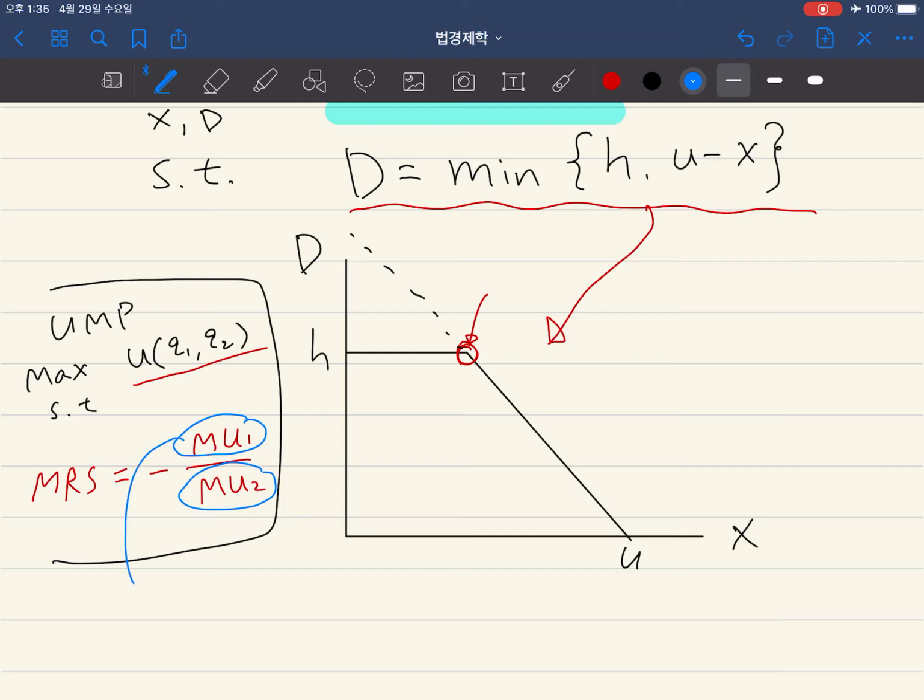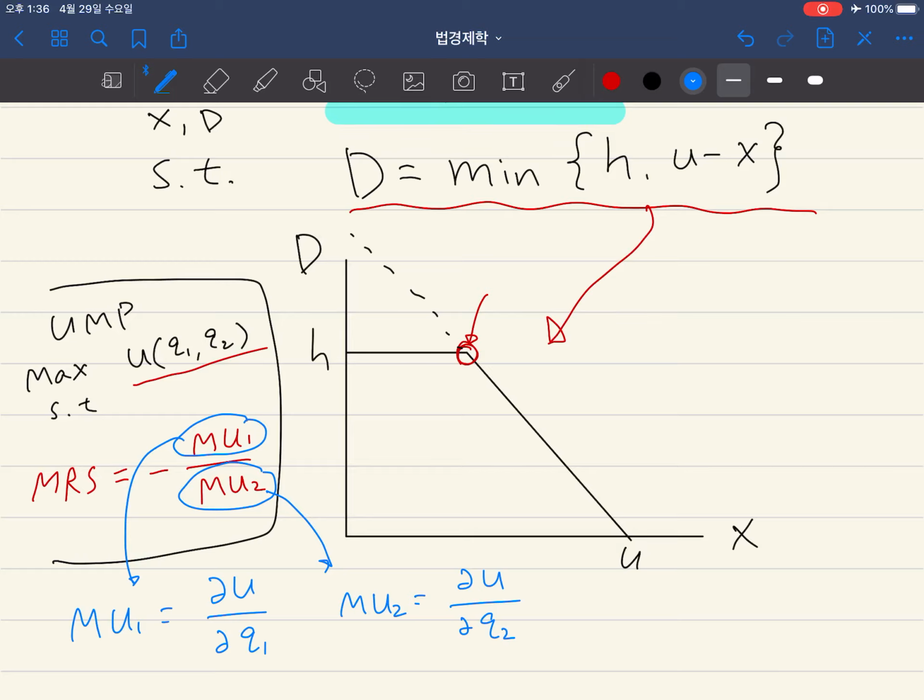We find mu1 as partial derivative of utility function with respect to first variable q1, and we can also find mu2 using a similar formula, partial derivative of utility function with respect to q2.